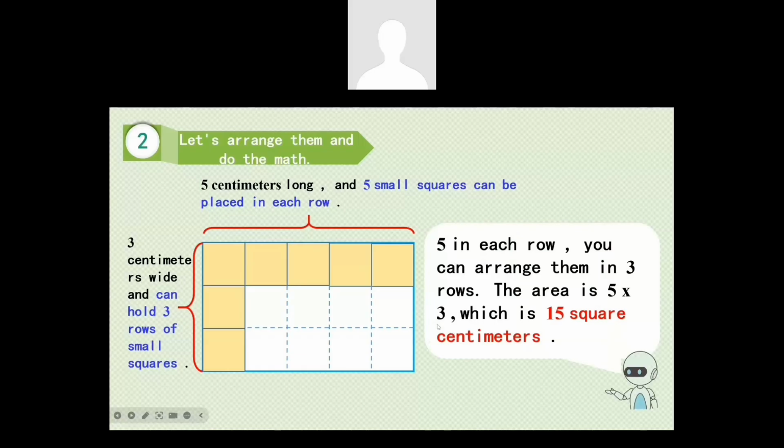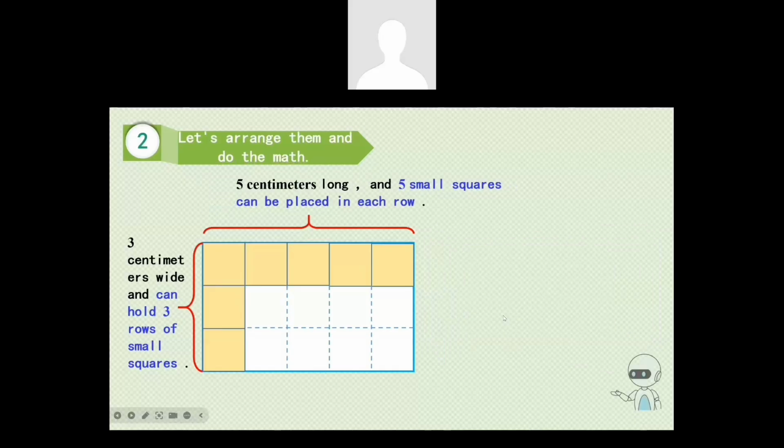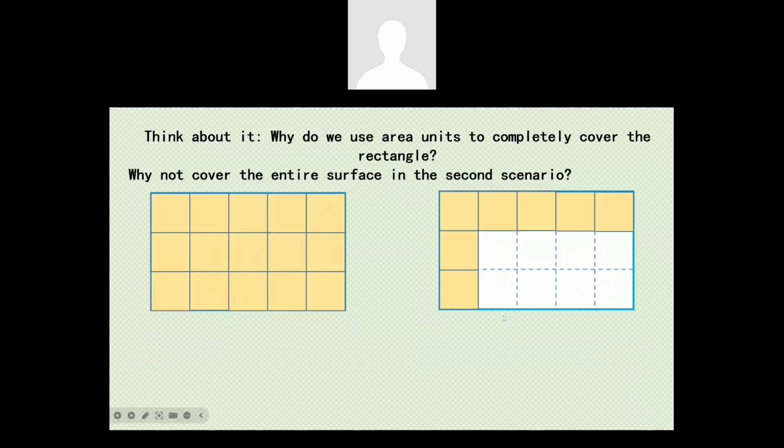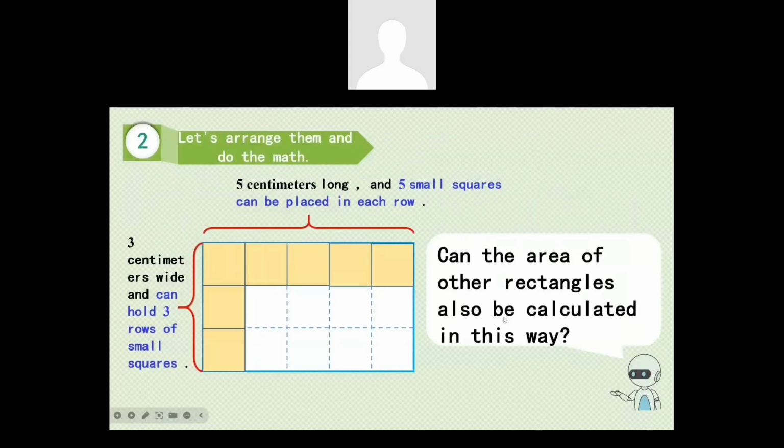Yes. You can look at the screen. 5 in each row, and you can arrange them in 2 rows, 3 rows. The area is 5 multiplied by 3, which is 15 square centimeters.